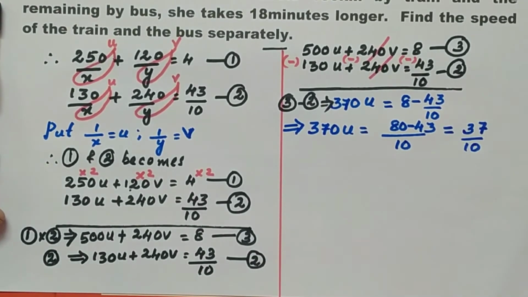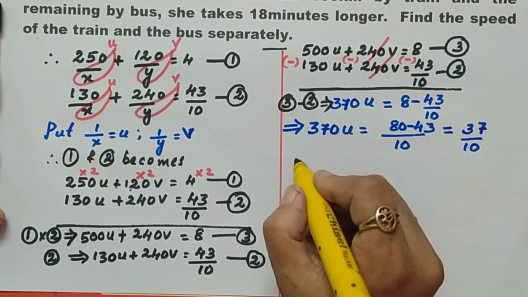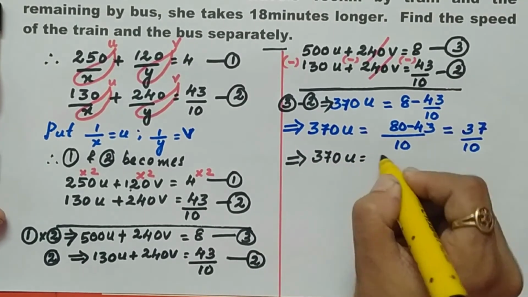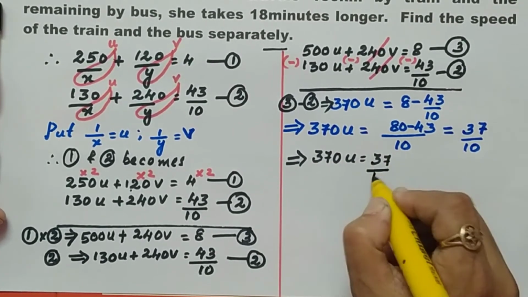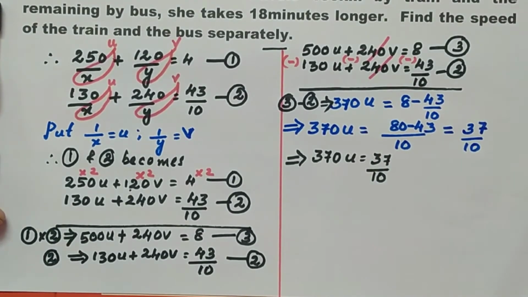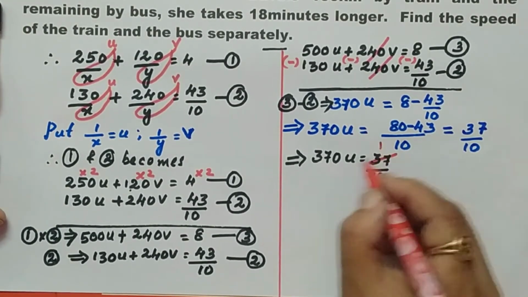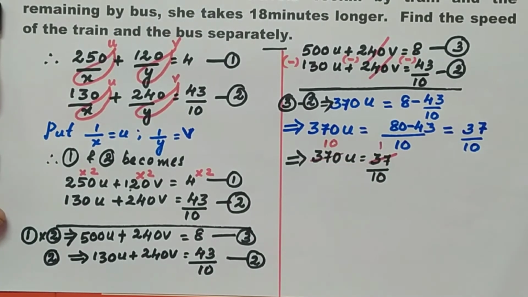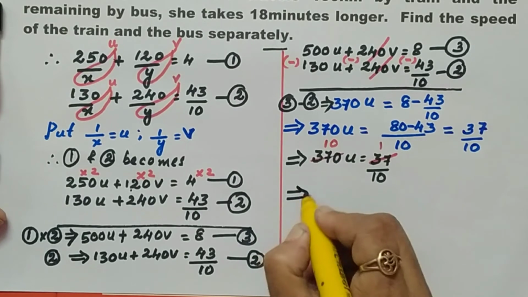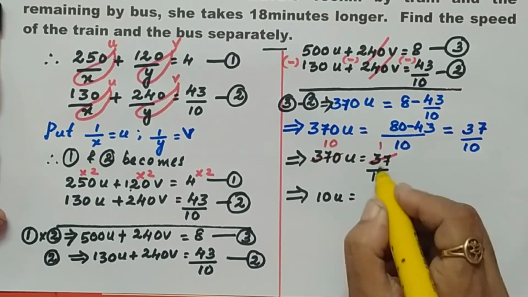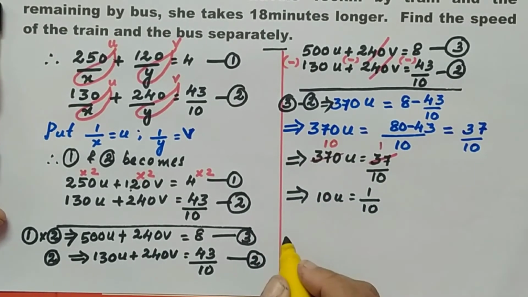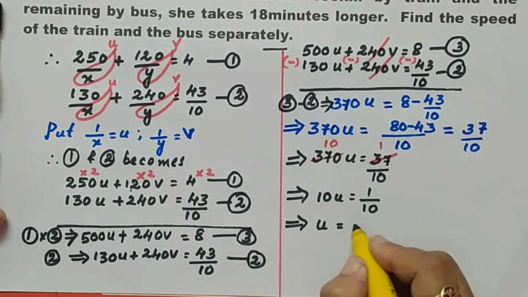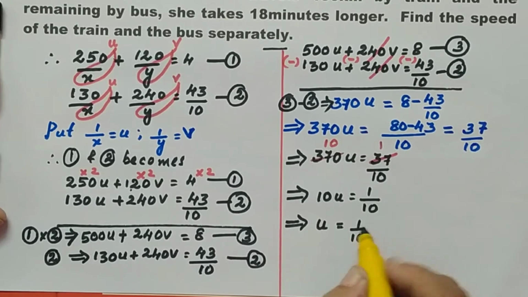I am going to rewrite that equation again. Therefore, this equation is 370u equals 37 by 10. Look at the cancellation. 37 cancels one time on the right side. 370 cancelling, you get 10 times. Therefore 10u equals, the right side is 1 by 10. I am going to do the calculation as u equals 1 by 10 on the right side.